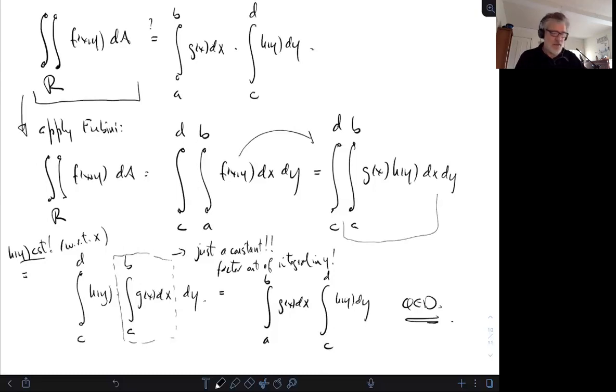You can factor out the h of y from the inside integral, which is an integral in x. And once you've done that, the integral of g of x dx is just a number, so you can take it out of the outside integral and you get exactly what you want. Okay? So that's sort of cute.